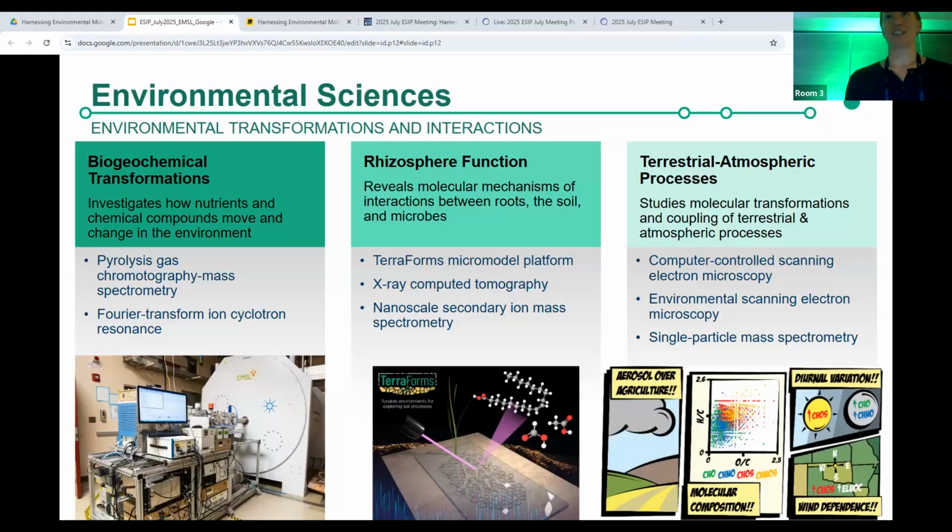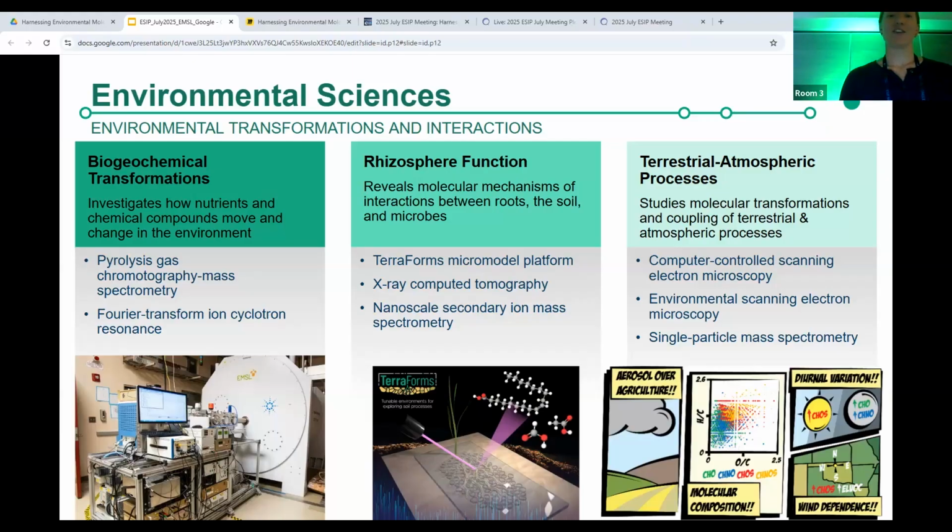So really important for understanding how compounds from decomposing plants and microbial communities, what's actually in that mixture, and what does it mean for nutrient cycling in the environment. There's only 1 of 2, I think, in the world. So we've got really specialized instruments as well as staff to help you make sense of that data.